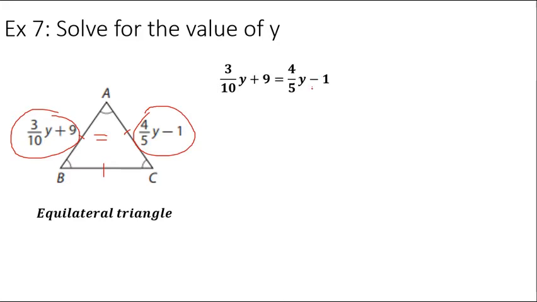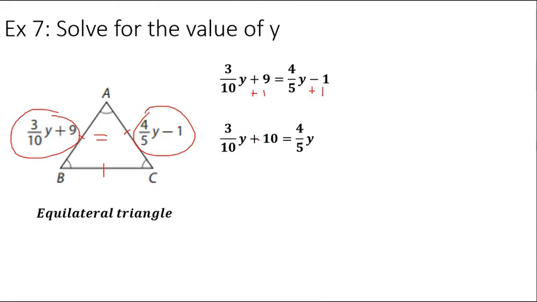What I'm going to do first is add 1 to both sides. So I end up getting 3 over 10y plus 10 equals 4 over 5y.